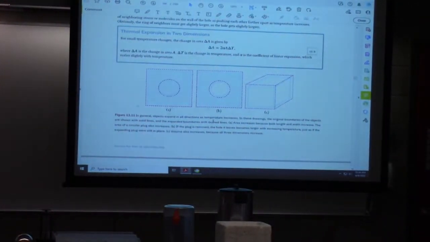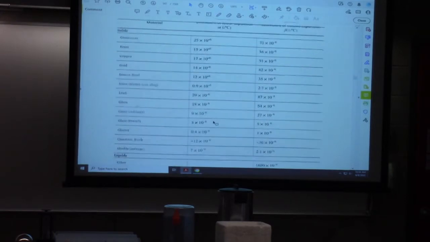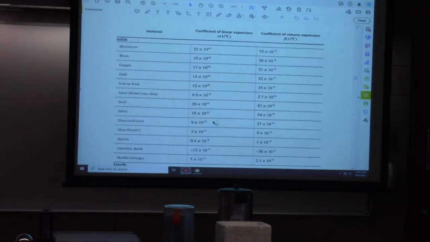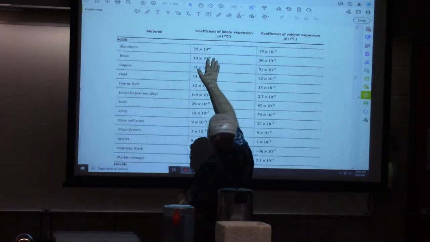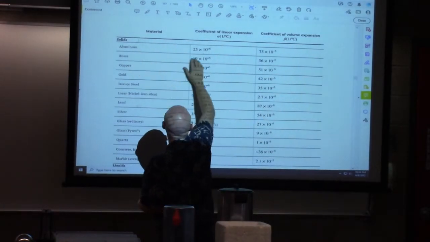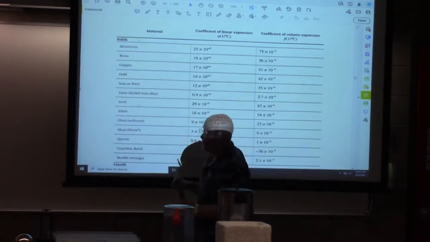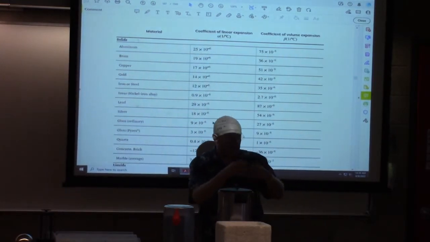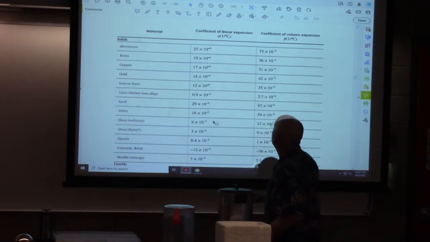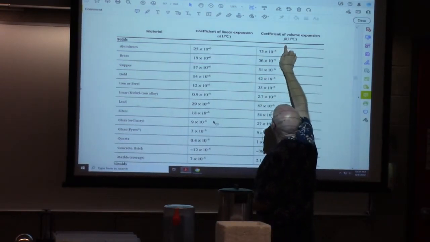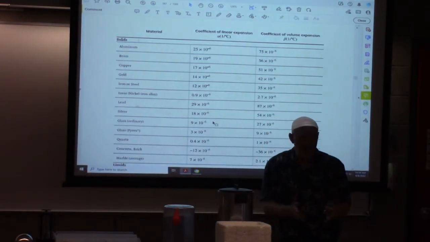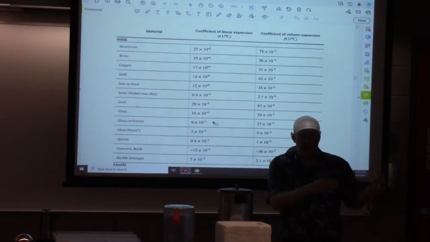Well, coming back to this table, you will see that back here at the top the author had actually said, I'll just pick on aluminum. Here's aluminum, and it says aluminum has 25 times 10 to the minus 6. That's the alpha. That's the linear coefficient. But it has another column called beta. It's kind of a waste of space because wouldn't beta just be 3 times alpha?